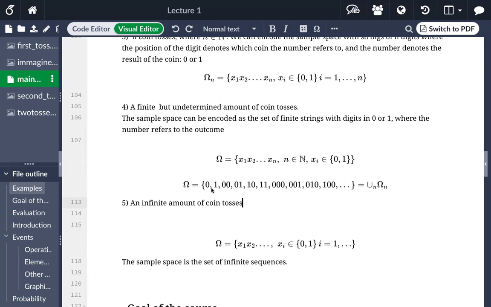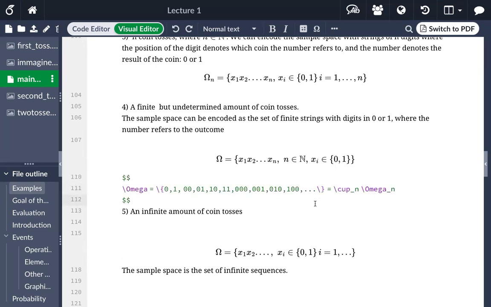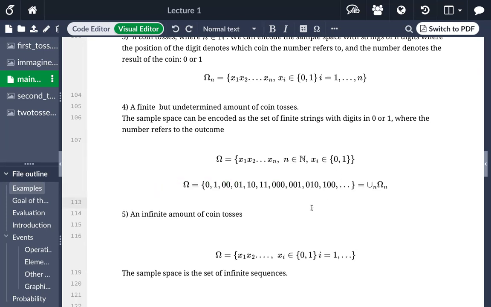We can write omega as a list of elements with some dots at the end. You know how it will go on. Now I'm sure that you will not be able to write the sample space in example 5, the one of an infinite amount of coin tosses, in such a way, listing all the outcomes.